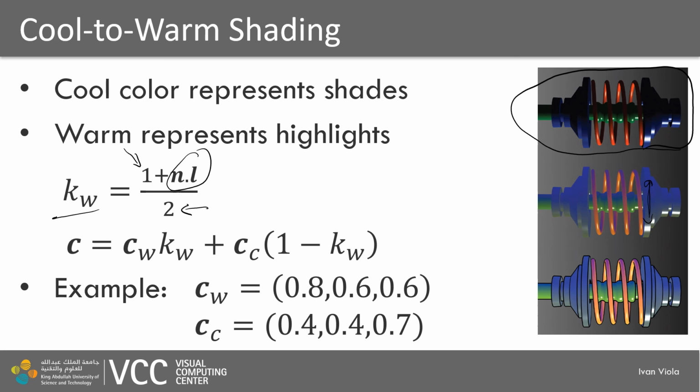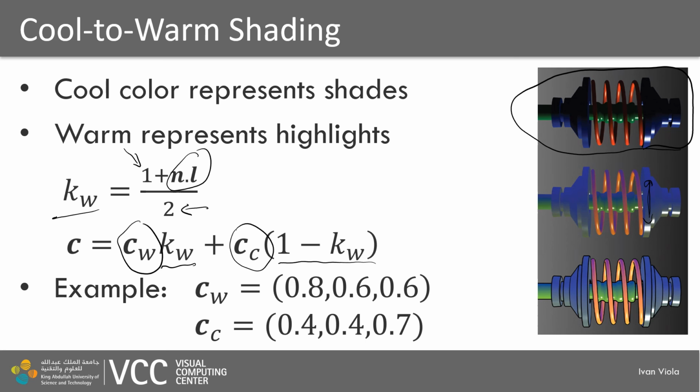So it's a different way of scaling the dot product. You can see that this is the coefficient of the warmth. So the higher this coefficient will be, the more the warm color will be expressed. And the smaller the coefficient will be, this term will be higher, and the more cool color will be expressed.